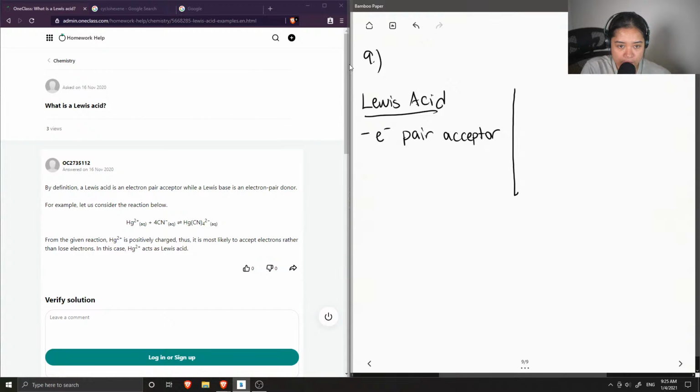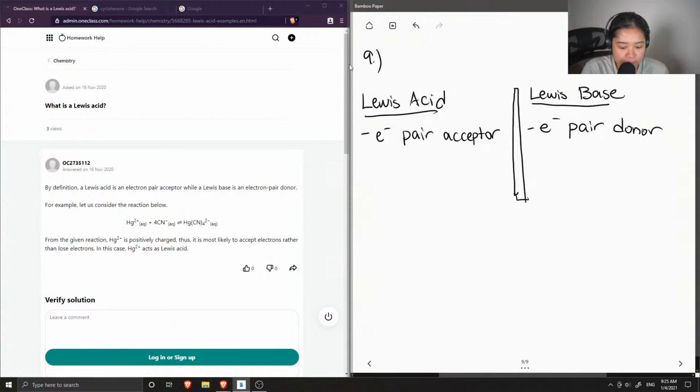And let's compare this with a Lewis base, which, as you can guess, is the opposite of a Lewis acid. And it is an electron pair donor.